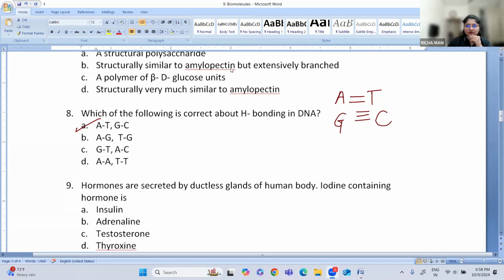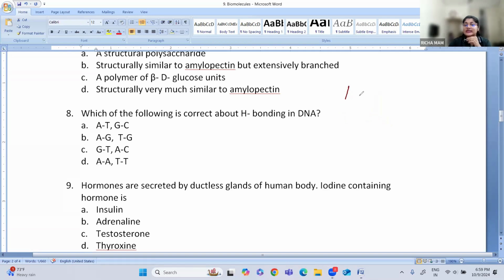In DNA there are four bases: adenine, guanine, thymine and cytosine.